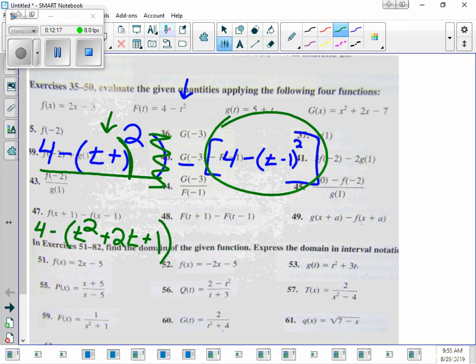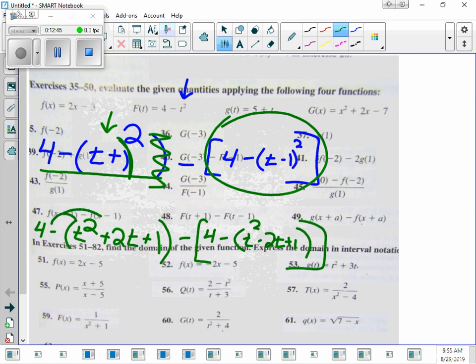Okay. And then I will subtract, bracket, 4 minus, what do I get when I multiply t minus 1 by itself? It's the same as the last one, except it'll be negative 2t. So t squared minus 2t plus 1. Now, I need to distribute the negative.